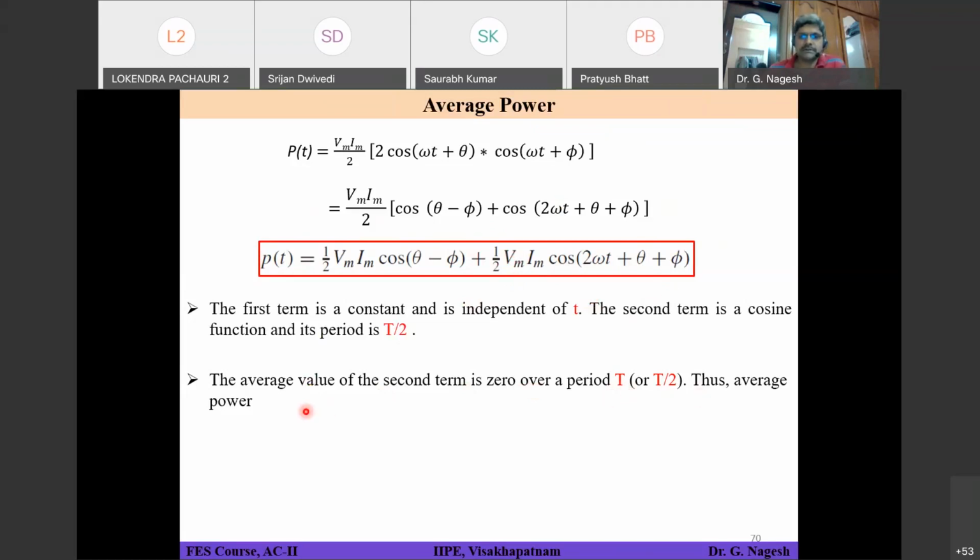Thus the average power is given by the first term: P is equal to 1 by 2 Vm Im into cos of theta minus phi.